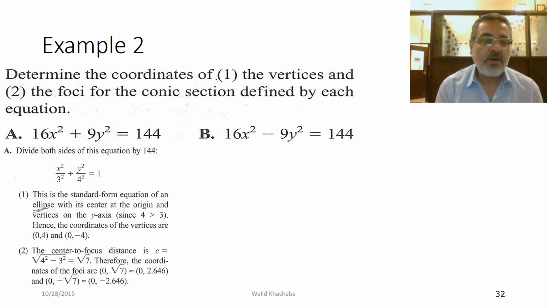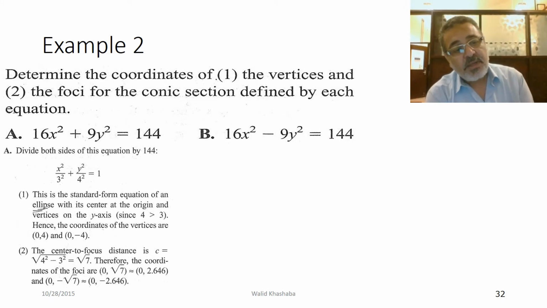H and k are the constants associated usually with x and y in one bracket. The moment you see only x squared and y squared, it means that this graph is centered at the origin, because there is no shift to the right or to the left.